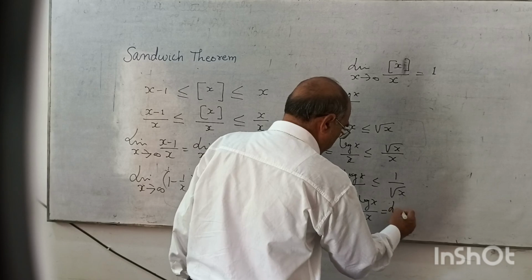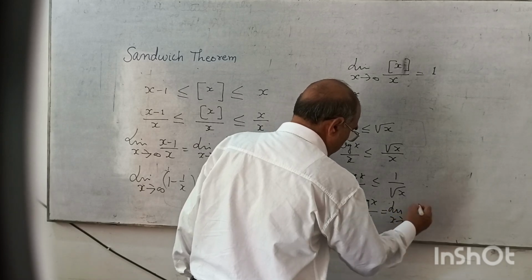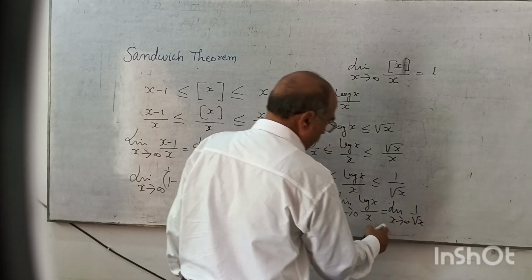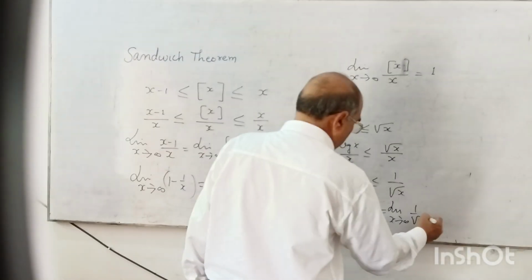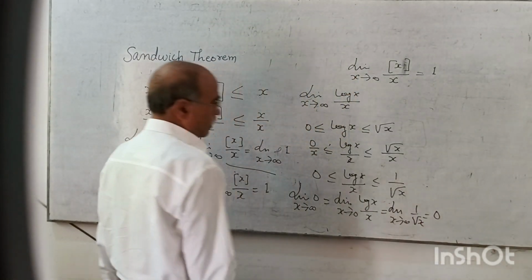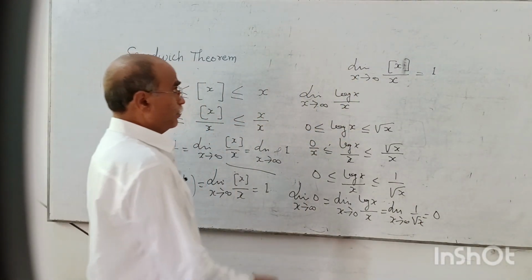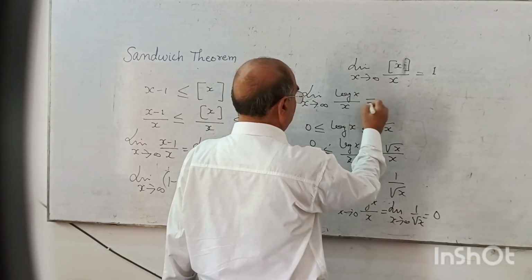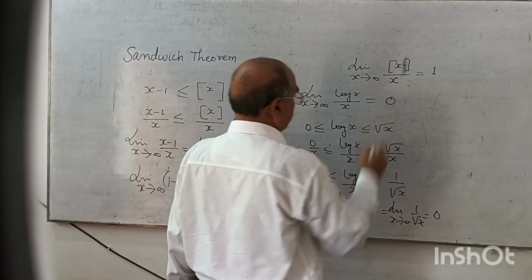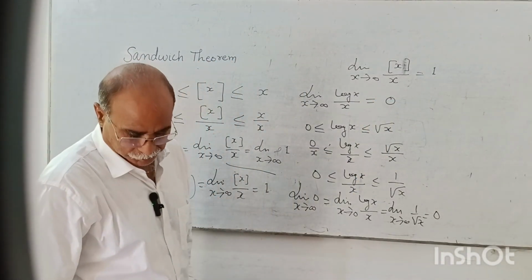Whenever you substitute this limit, it comes to 0, either from the left side or from the right side. So we treat this question also as a formula. The limit of this function is 0.